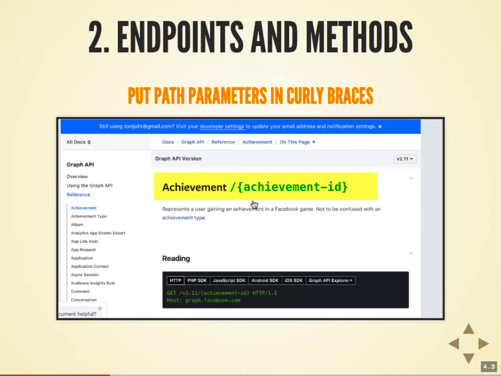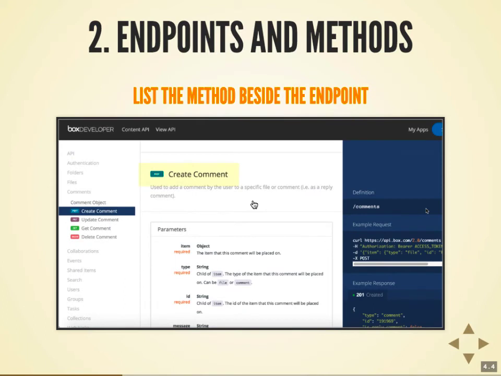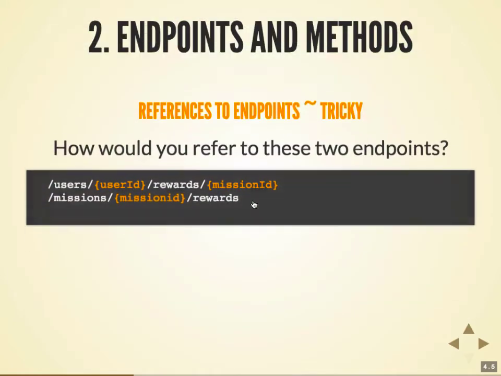And usually people like to put the path parameters that are part of an endpoint in a different font so that they're recognized and people don't think, oh, am I really supposed to type a curly brace in this? Usually people put the method to the left of the endpoint, however you want to style it. You don't have to. Like here it says post and put and so forth. But you basically list the method beside each of the endpoints in some attractive way.